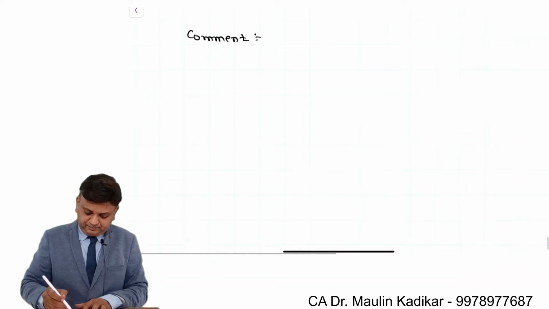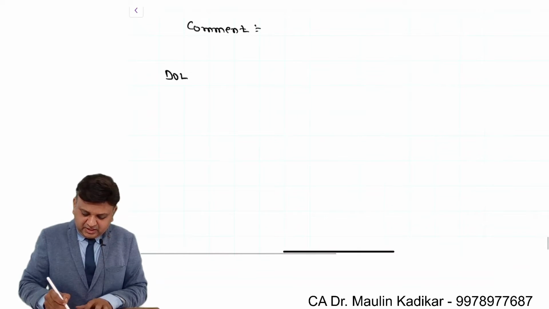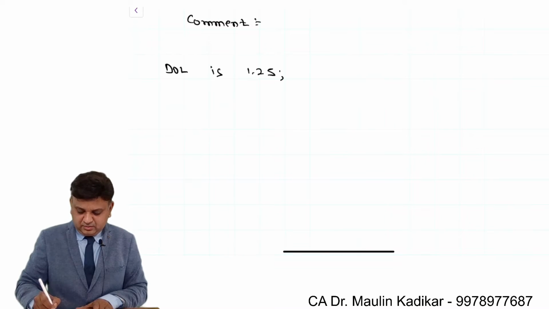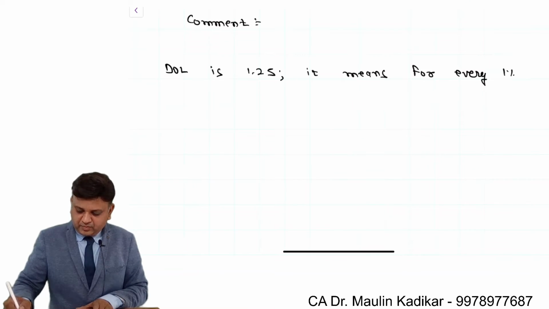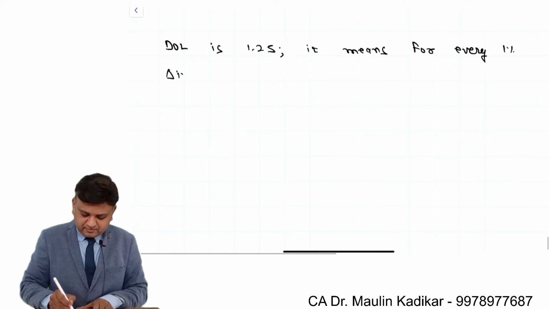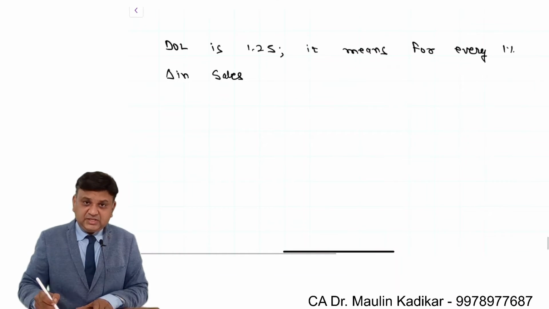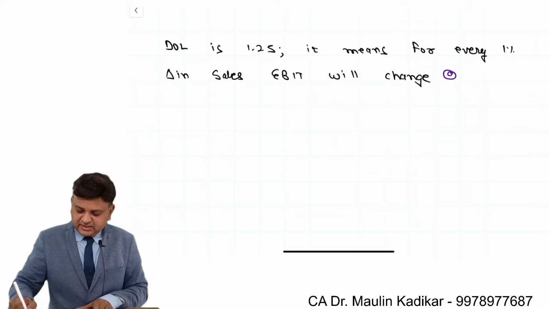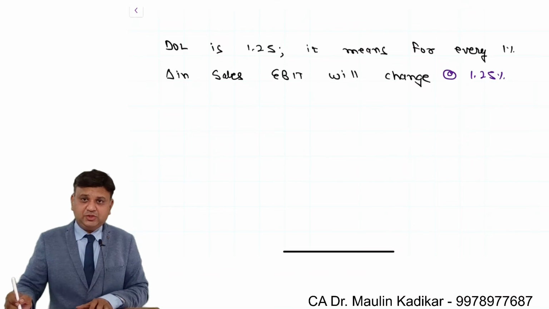In that write down: DOL is 1.25, it means for every 1% change in sales, EBIT will change at the rate of 1.25%. Full stop.